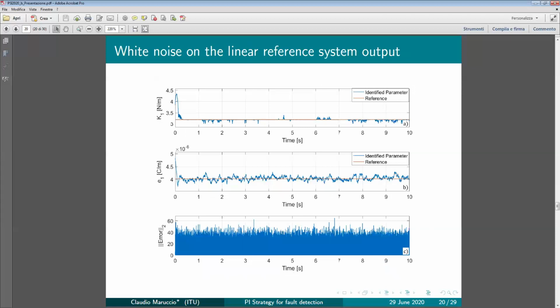The procedure is stable also in presence of noise on the linear reference system output, since it has filtering capabilities. You can see that even in presence of white noise on the output of the system, it is possible to identify the parameter K1 and the parameter E1 correctly.